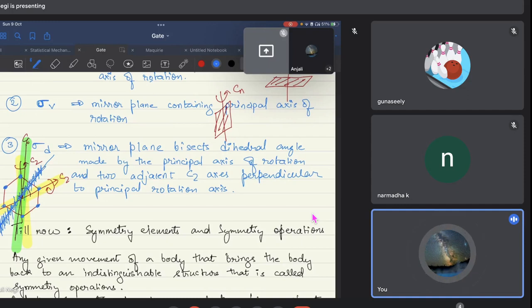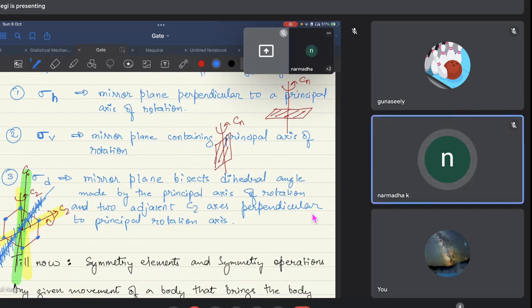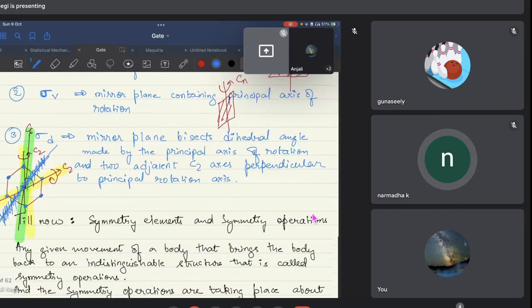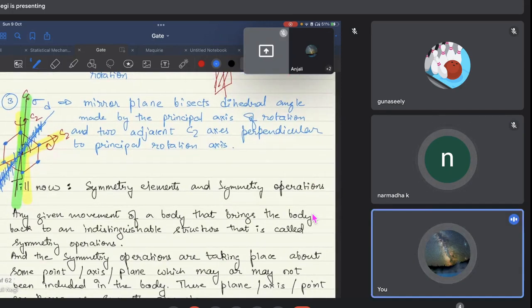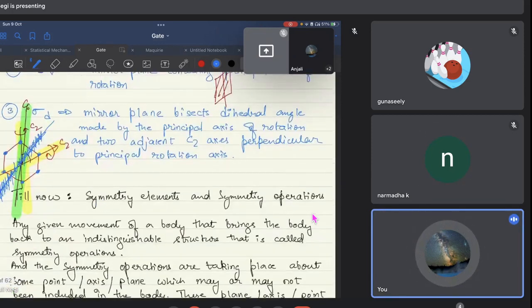I will just stop here and ask if you have any doubt, because sigma d is important to understand. So any doubt? Okay. If you have understood the mirror planes, sigma h, sigma v and sigma d, then I will move on.